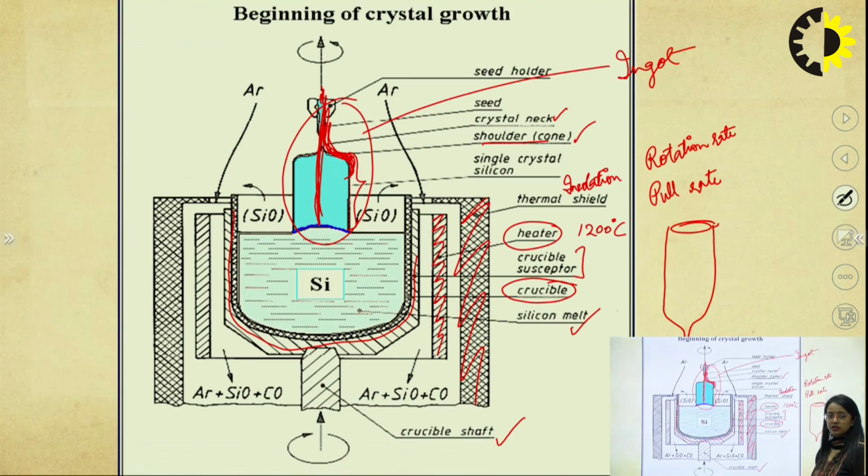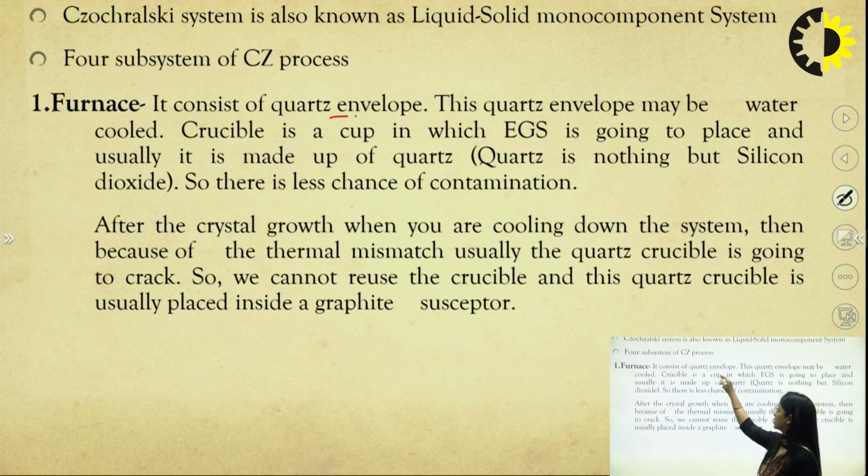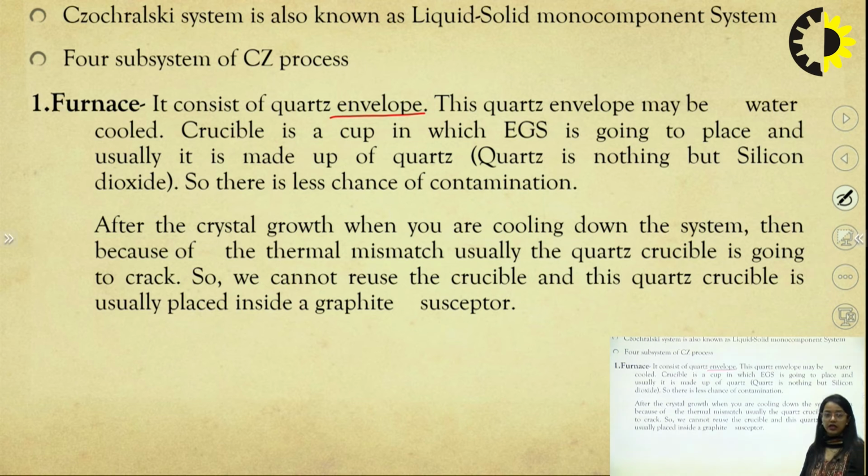We can see the first is the furnace, where in the furnace we have a quartz envelope. The overall structure which we were seeing in the previous diagram had the quartz envelope, and the quartz envelope may be cooled. The crucible is a cup in which electronic grade silicon is held. Now what is electronic grade silicon?